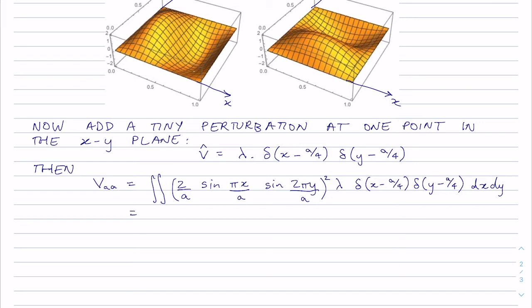And integrating delta functions is easy as it was before. You just take the value of the integrand at the point x equals a on 4 and at the point y equals a on 4 here. And so you can do one at a time and you put them together and you should get lambda 4 on a squared, because that's squared, sine squared pi over 4, because when x equals a on 4, then pi x on a will be pi on 4, and then sine squared pi on 2.